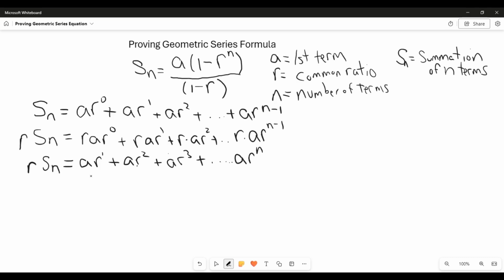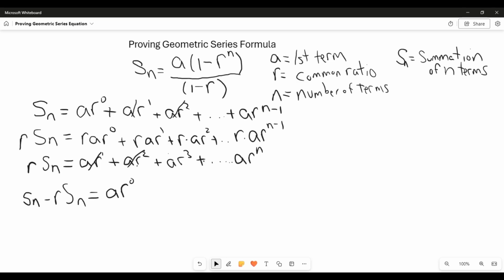So if I were to subtract, look what happens. I take S sub n, the top line, minus r S sub n. And look what I have. I have ar to the 0, which is just really a. And then ar to the 1 cancels with this, and this cancels too, right? When I keep subtracting, I get to 0.